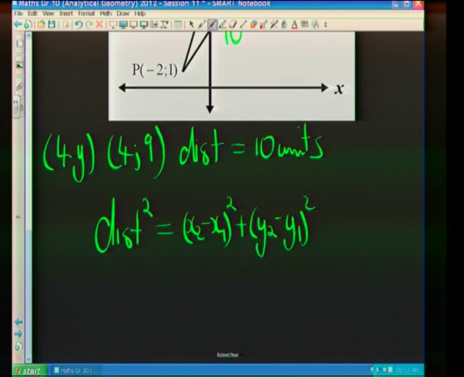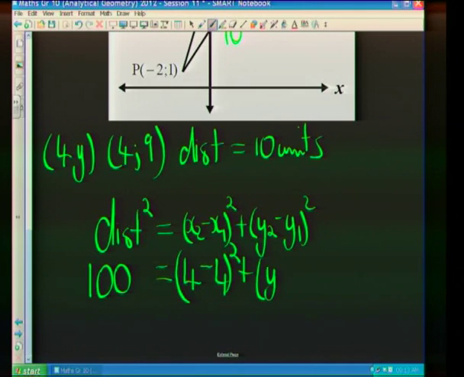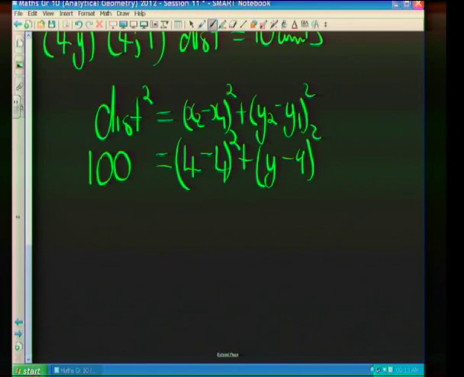Okay, so on the left-hand side, I've got distance squared, so that's 10 squared, so that's 100. And then I'm going to start with this point. I'm going to say 4 minus 4 squared plus y minus 9 squared. And from this point onwards, all you really need to do is algebra.